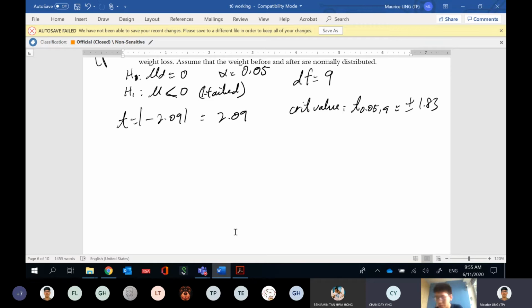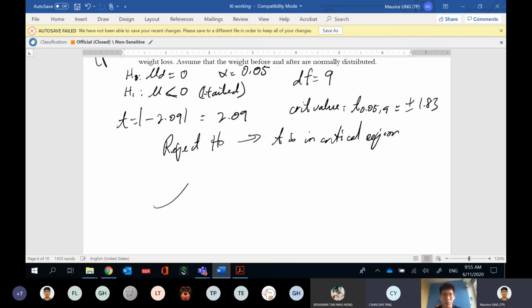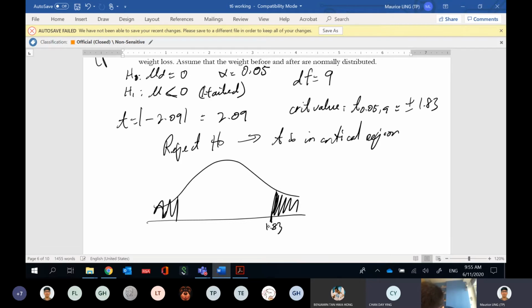You reject because the t is in the critical region. Yes, okay, because your t is in the critical region. If you draw it out this way, your critical values on both sides are 1.83 and minus 1.83.